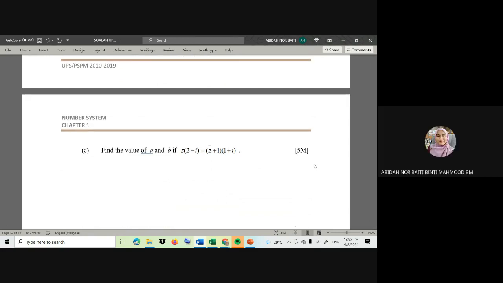We try to do it. Z equals to, we substitute Z as A plus BI, right? A plus BI times 2 minus I equals, okay, your Z bar, we substitute Z bar as A minus BI, plus 1, okay, times 1 plus I. Okay, can?